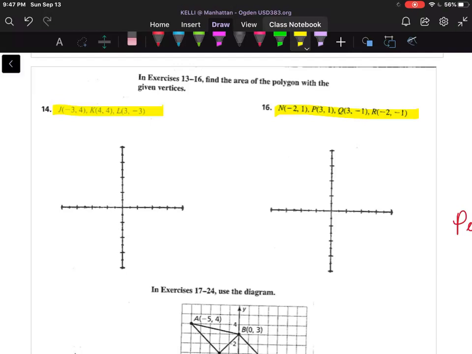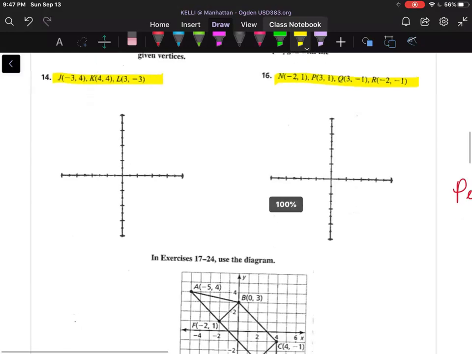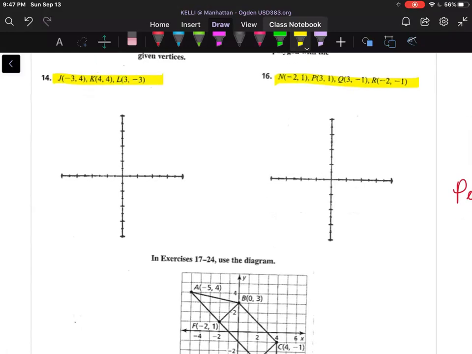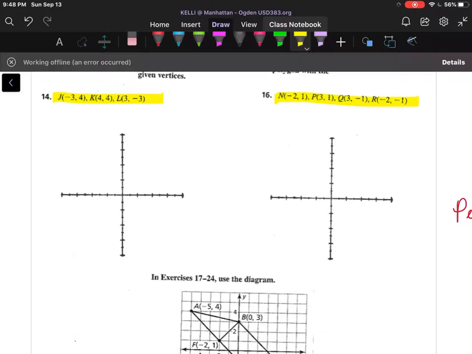So you're just going to need to go back to your notes for area formula, and once you find the length of the sides that you need, you plug them into the area formula. For a triangle, it's going to be half base times height. And then for whatever kind of quadrilateral that is, it's going to be length times width. And so you don't really have to find all 4 sides on those. You're just going to probably need to find 2.